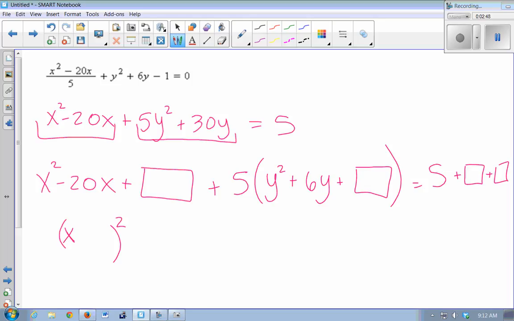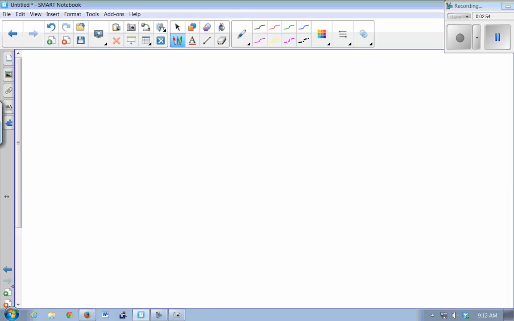And I have this little, I say it's a rhyme, but it doesn't rhyme at all. When I square a binomial, like let's say I want to do x plus 3 squared, you square the first, square the last, take the product of the two, 3x, and double it. Square the first, square the last, take the product, and double it.